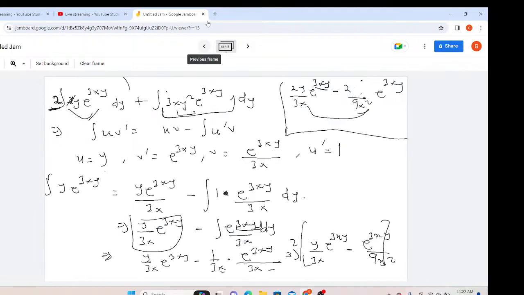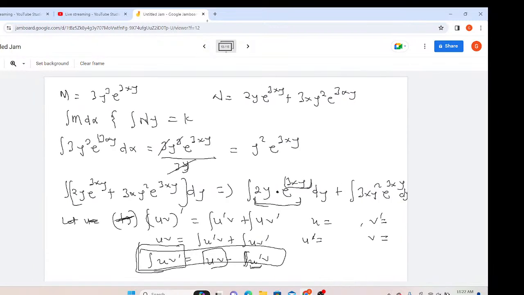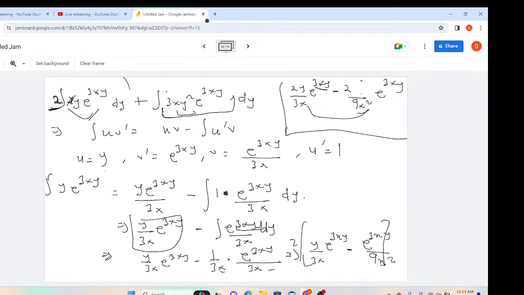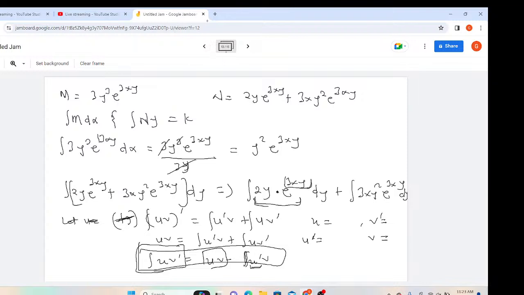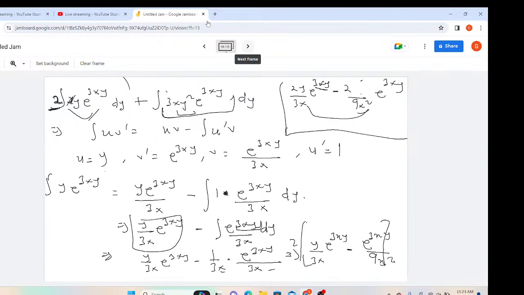Now our second part is this. We've already done our end part, and we are left with this part, right? That's what we are doing.